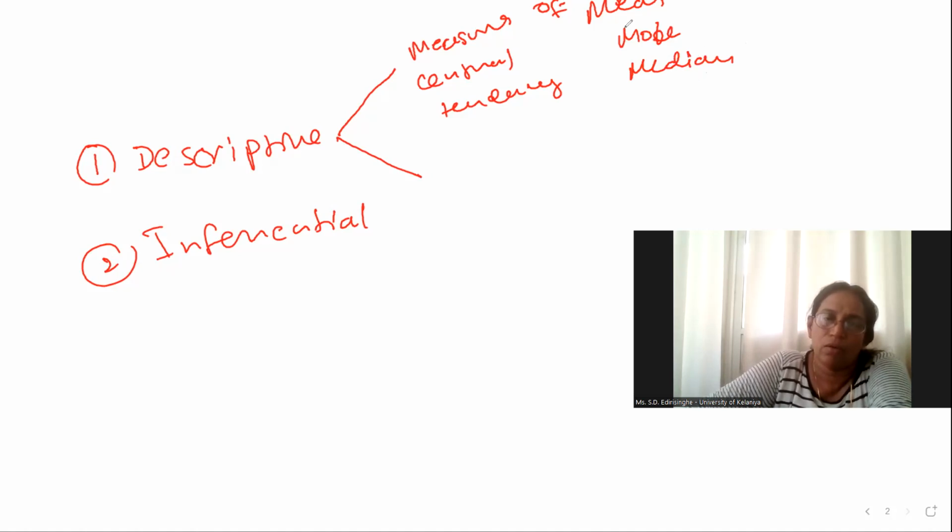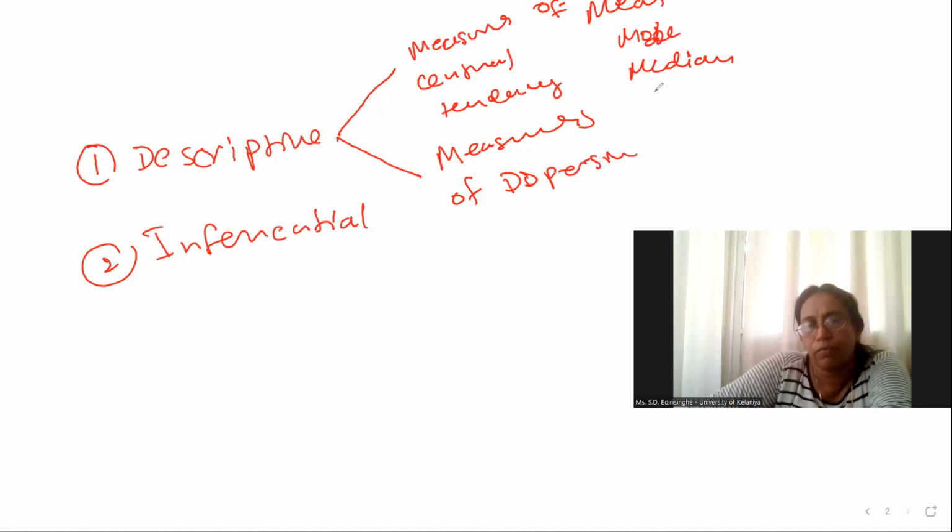Today we learned how to find the mean, the mode and the median. And also measures of dispersion: we learned how to find variance and the standard deviation. So those are the things we learned today.